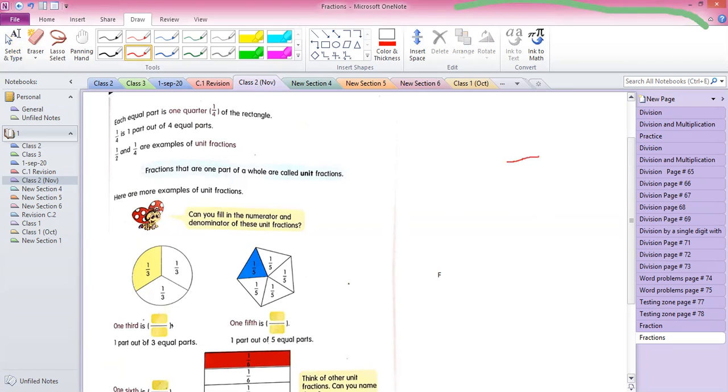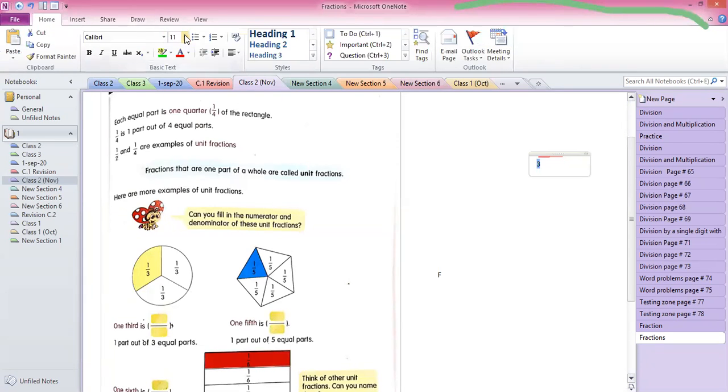This is a fraction line. And if you talk about this, 1, 2, 3, there are three equal parts. So you will write 3 down because there are three equal parts.